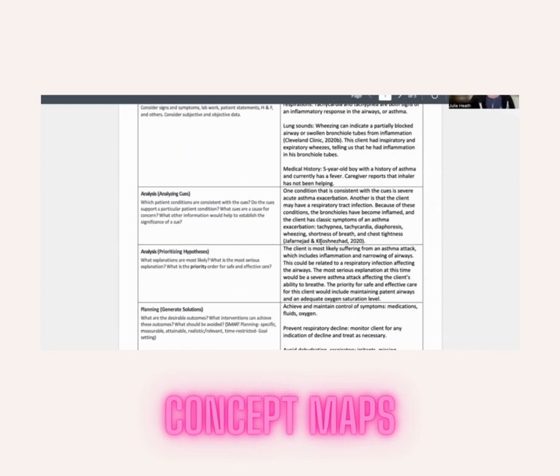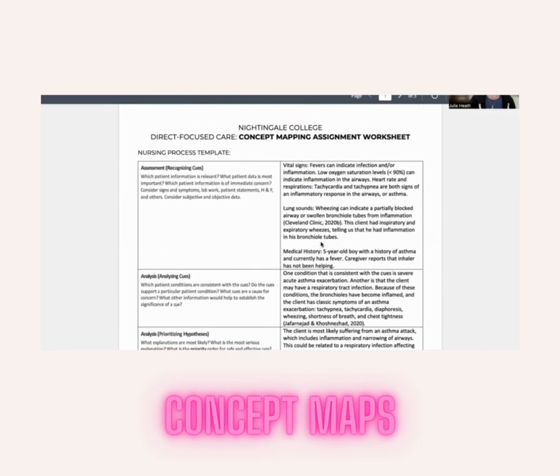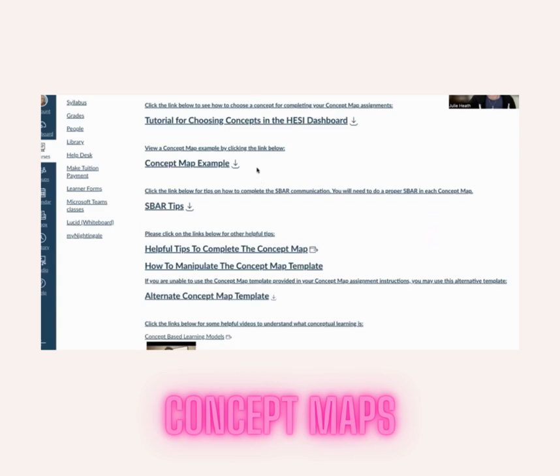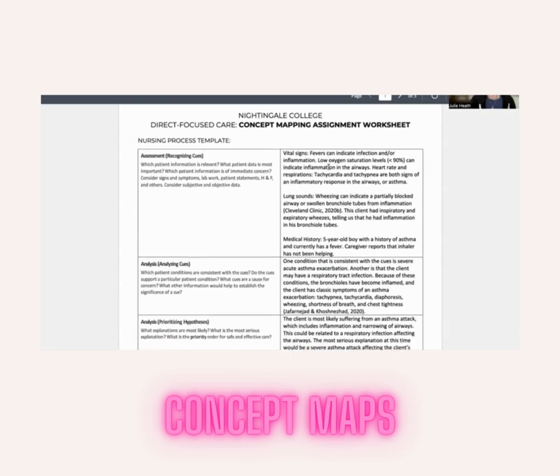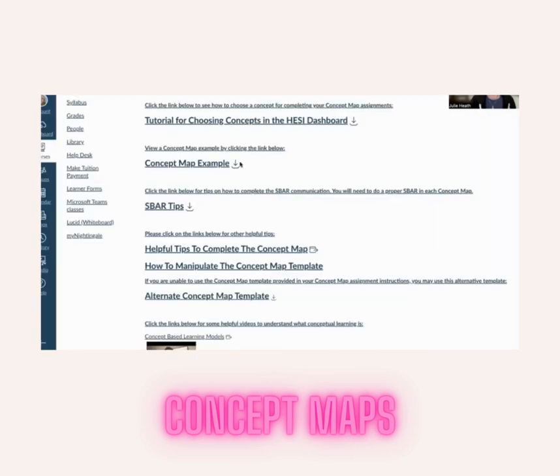So I typically use the alternative format, but this is the example. So this is where you go to find the example, in the ELO concept map example. Keep that in mind because you will need to use this as a side-by-side so you can make sure you're doing it right.